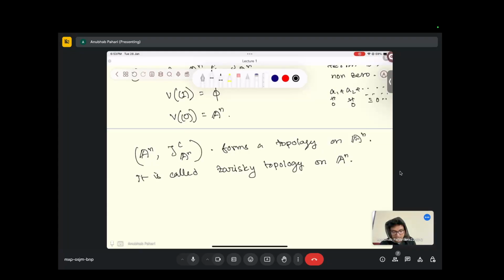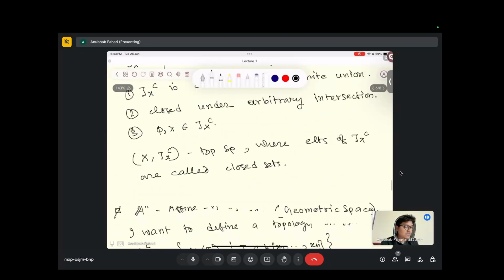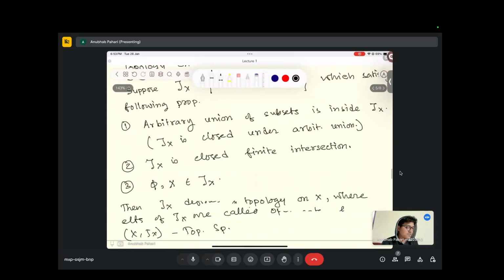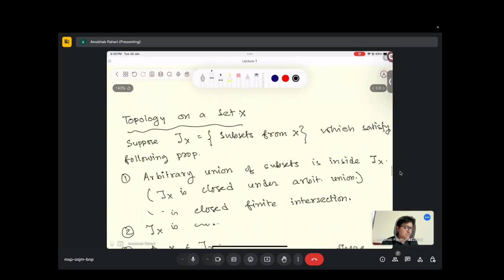Now we will do some problems. So one way to learn Zariski topology is from this affine space.